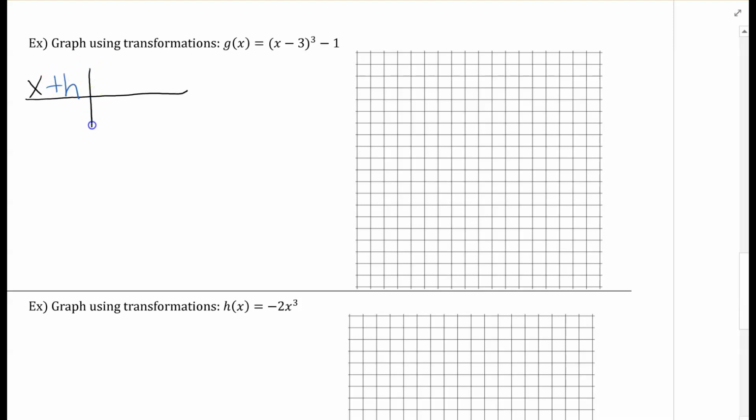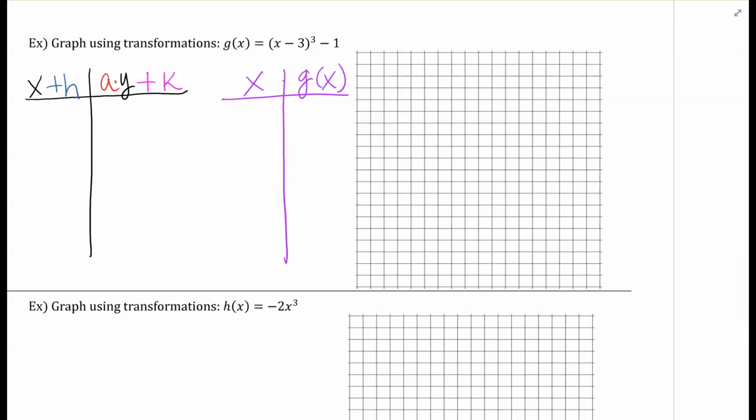For every y value, we're going to multiply by a, so a times y, and then add k. So these are your transformations: for your x's, you add h, and for your y values, you multiply by a and add k. So your g of x coordinates are going to have those new points. Then I'm going to calculate these, and this is going to be my x and g of x at the end, okay?